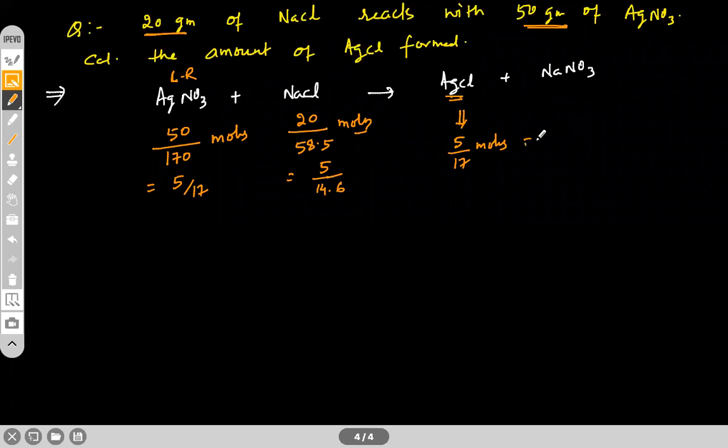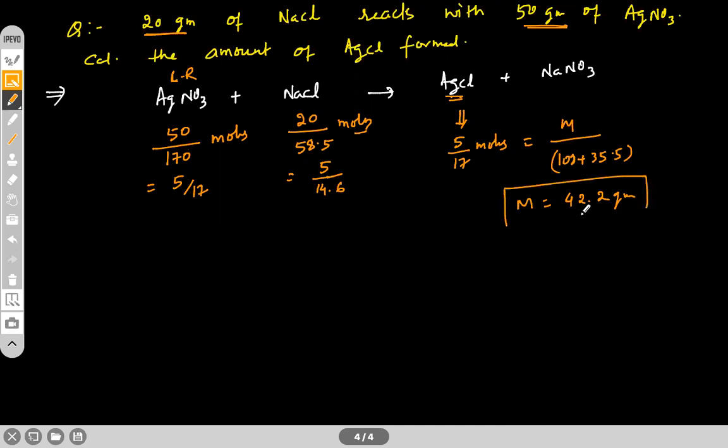Now this is equal to mass of AgCl divided by its molecular mass, which is 108 plus 35.5. Now if you find out the mass, you'll get approximately 42.2 gram as the answer.